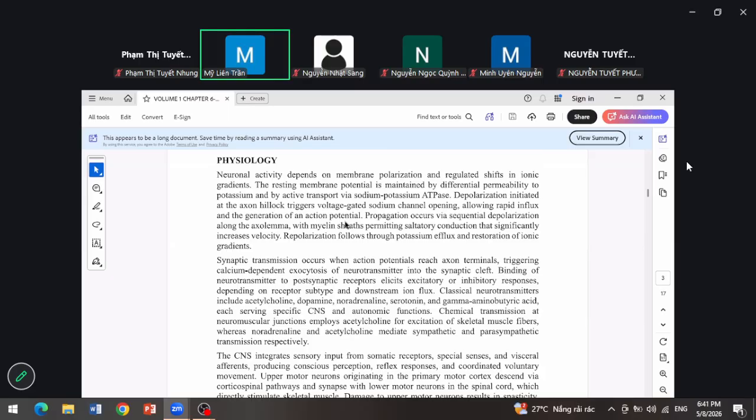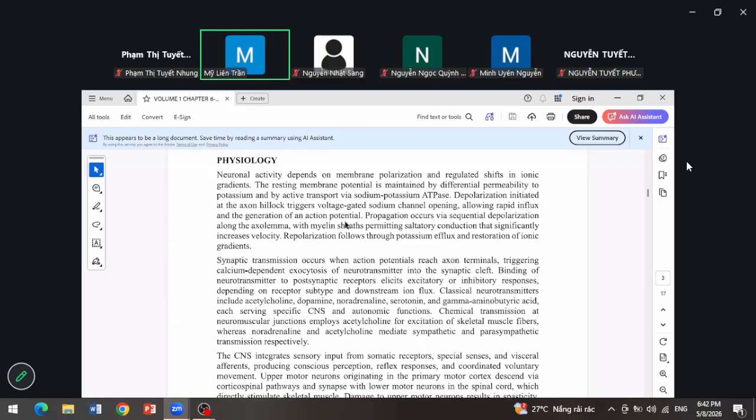Depolarization initiated at the axon hillock triggers voltage-gated sodium channel opening, allowing rapid influx and the generation of an action potential. Propagation occurs via sequential depolarization along the axolemma, with myelin sheaths permitting saltatory conduction that significantly increases velocity.